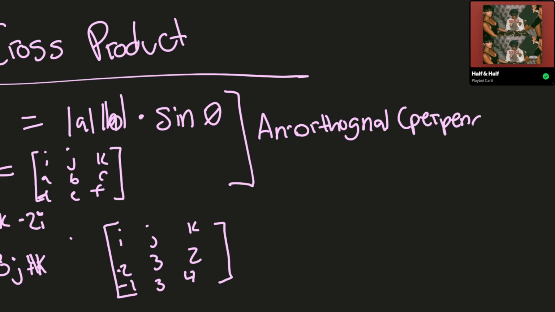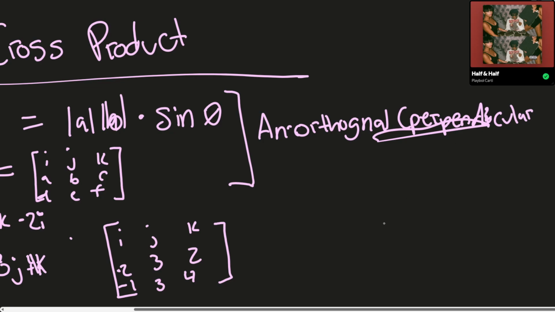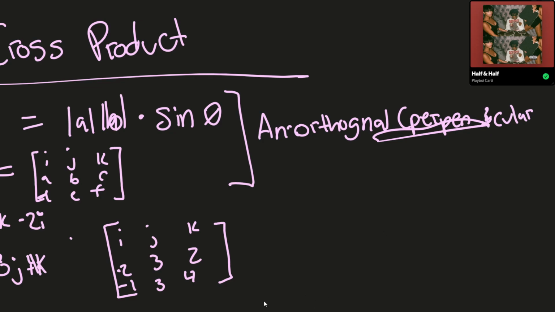That is usually what this is used for. Perpendicular. Let's see if I can erase this since I continued the stroke. Yeah, it's permanent. Perpendicular vector. And now let's continue.